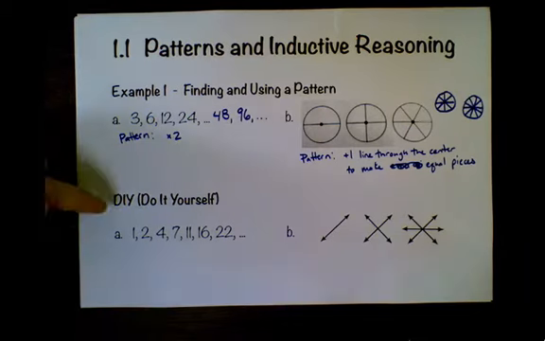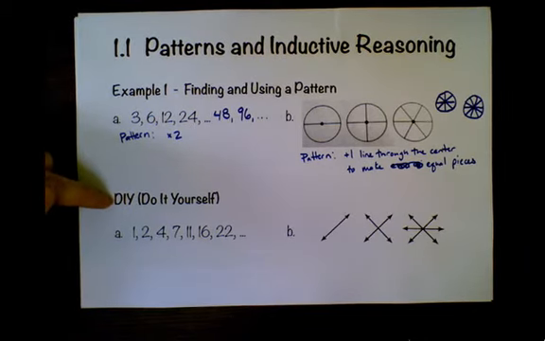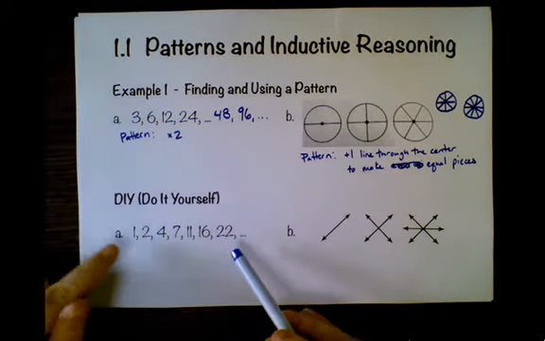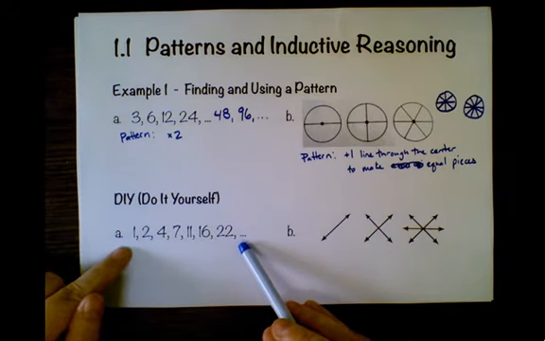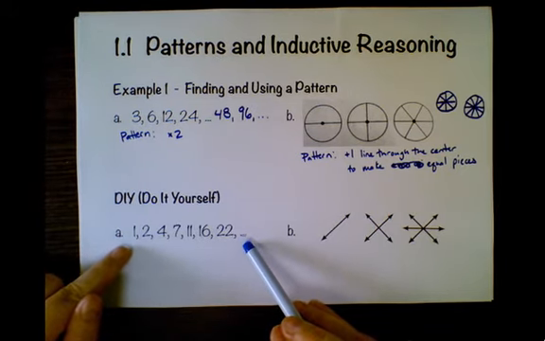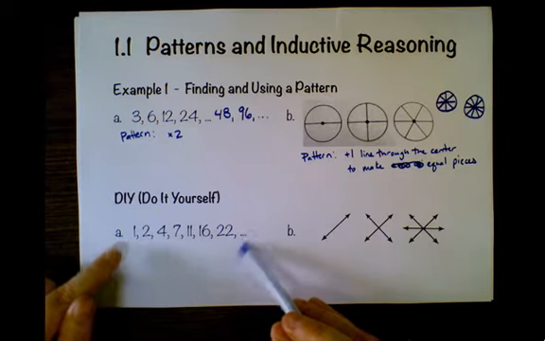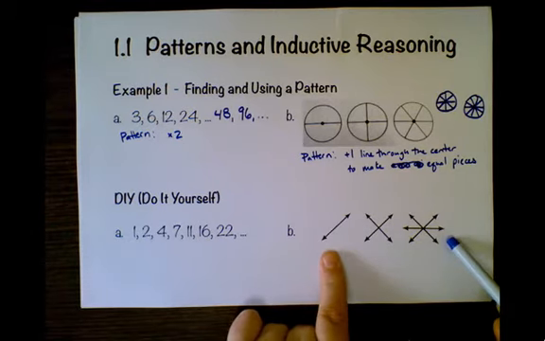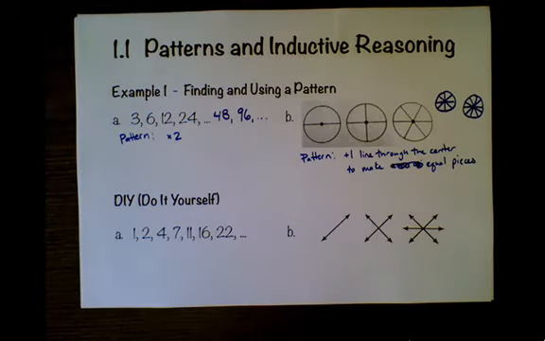So now I have a do-it-yourself for you. DIY stands for do-it-yourself. I want you to find the pattern and write the next 2 entries. And same thing here, find the pattern and then write the next 2 things that would be in the list.